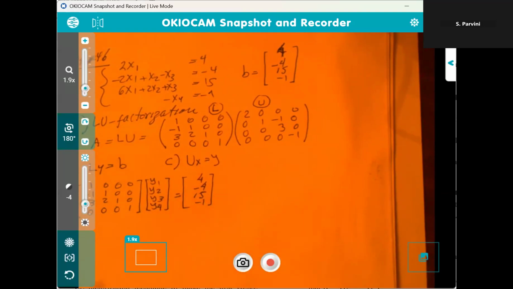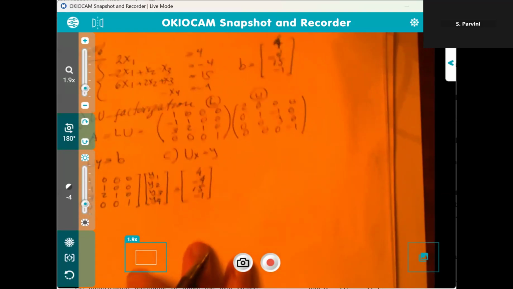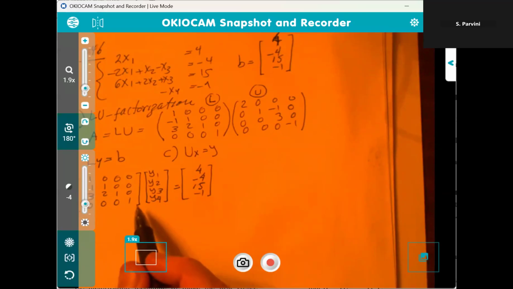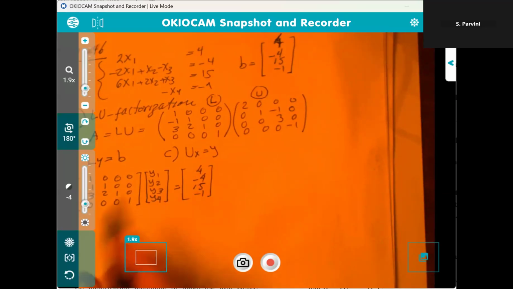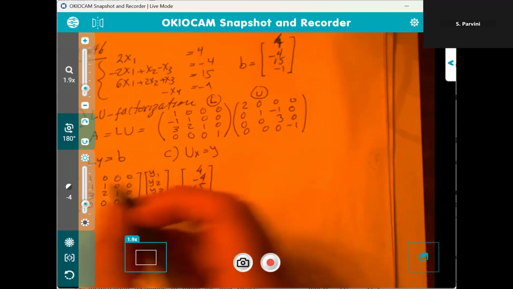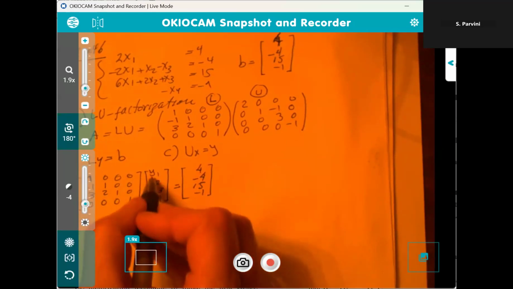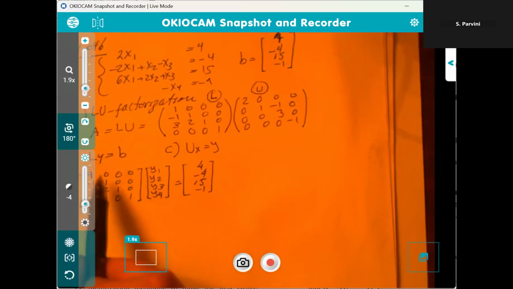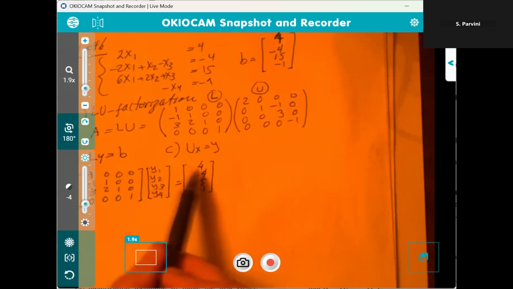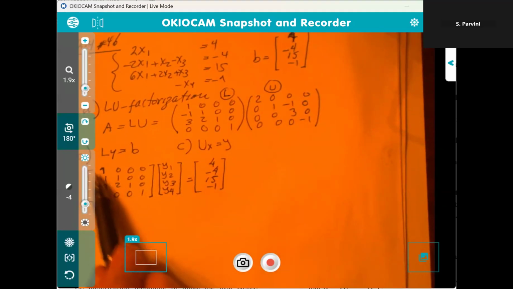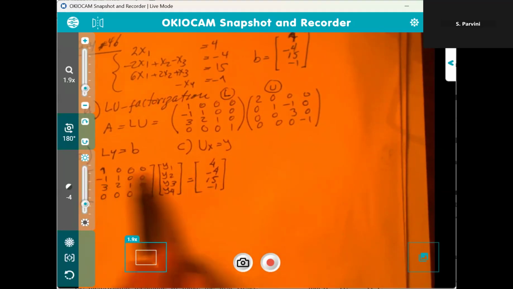Now, I need to solve this one. Doesn't the first row, first column, say y1 is 4? True, when you multiply first row, first column, don't I get y1?